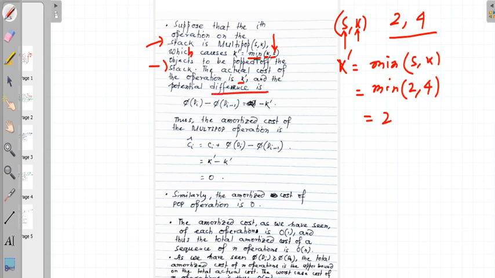As this is a pop operation, di minus 1 will have more objects than di, right? So phi of di will be phi of di minus 1 minus the change.